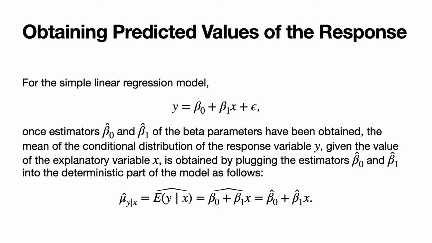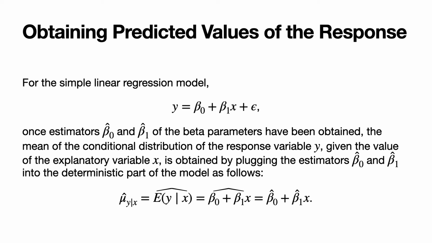For the simple linear regression model, y equal to beta 0 plus beta 1 times x plus epsilon, once estimators beta 0 hat and beta 1 hat of the beta parameters have been obtained, the mean of the conditional distribution of the response variable y given the value of the explanatory variable x is obtained by plugging the estimators beta 0 hat and beta 1 hat into the deterministic part of the model as follows.